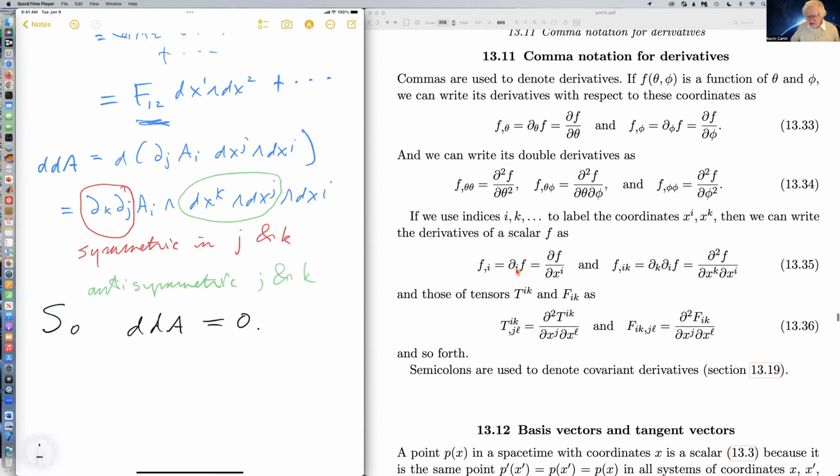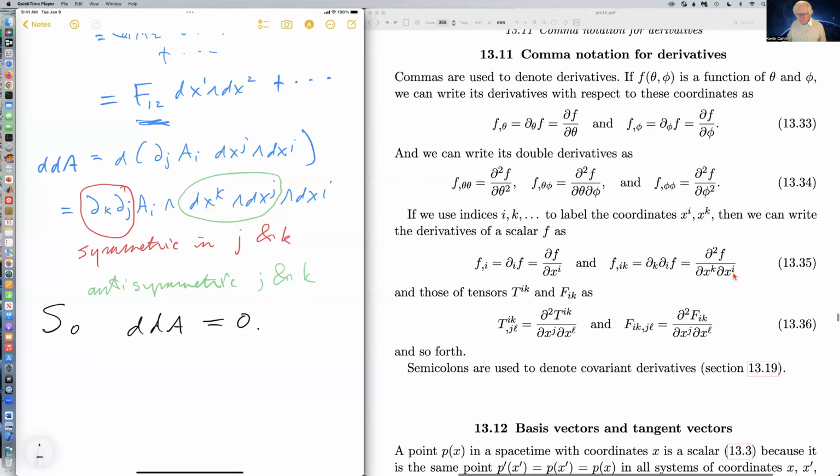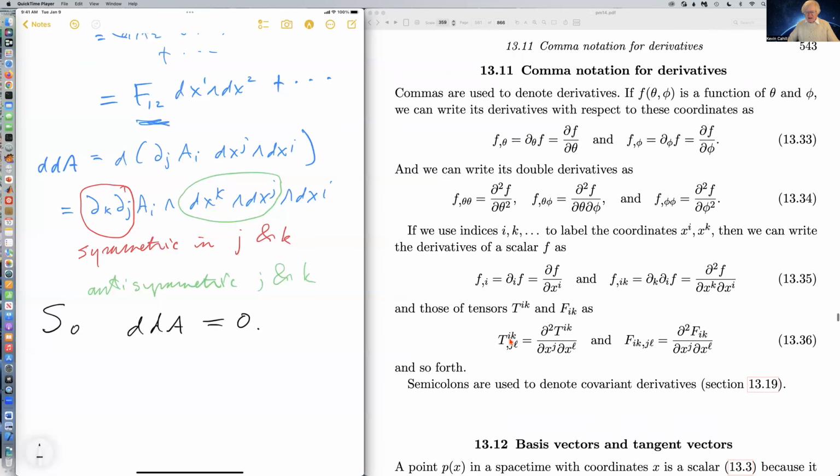F sub comma i is partial sub i of F, and that is, by definition, partial of F with respect to x upper i. And F comma ik is the double derivative of F with respect to x^k and x^i. And if you have something funny like T^ik comma jl, you get something that looks like this: partial T^ik, partial x^j, partial x^l. And over here, same thing.